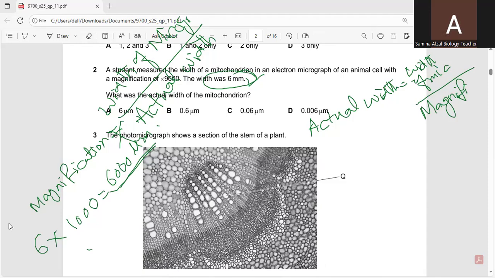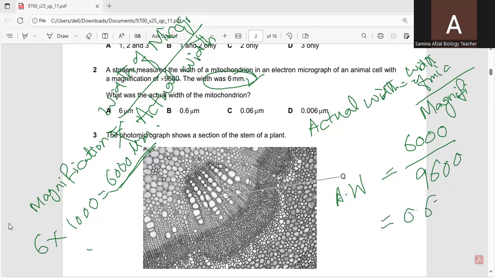So actual width will be equal to 6,000 by 9,600. So it will be equal to 0.625 micrometer. And according to this, option B is the correct option. So you have to find this out with the help of this formula.